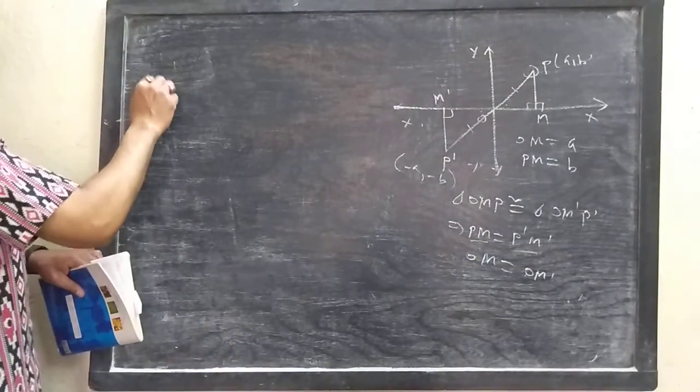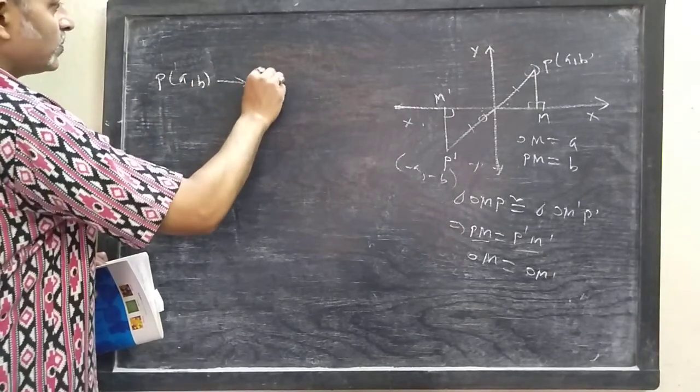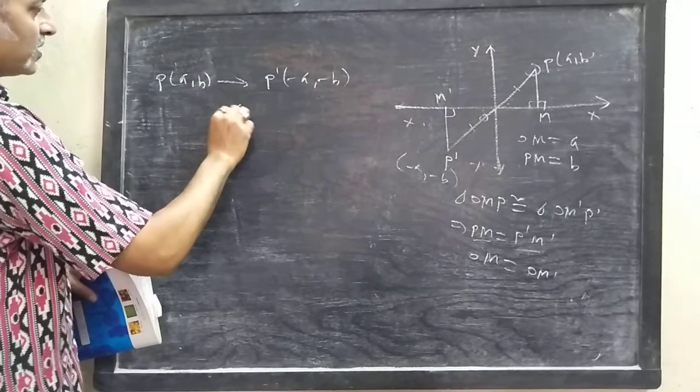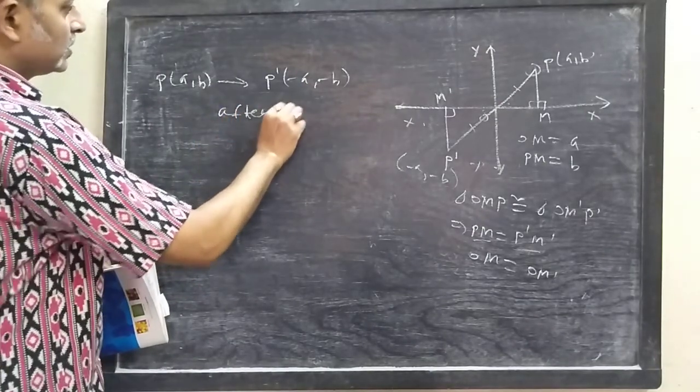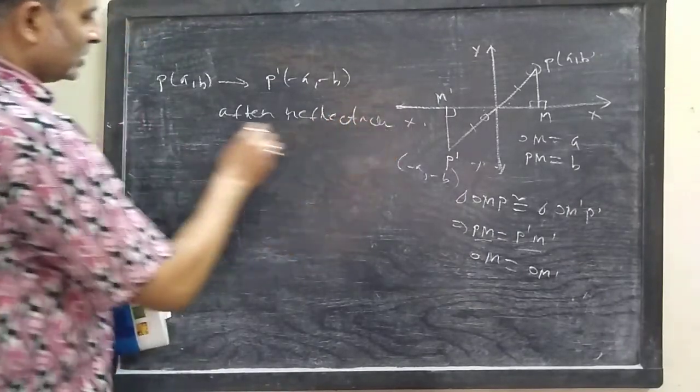So we get the formula: P a comma B goes to the point P dash minus A comma minus B after reflection in the origin.